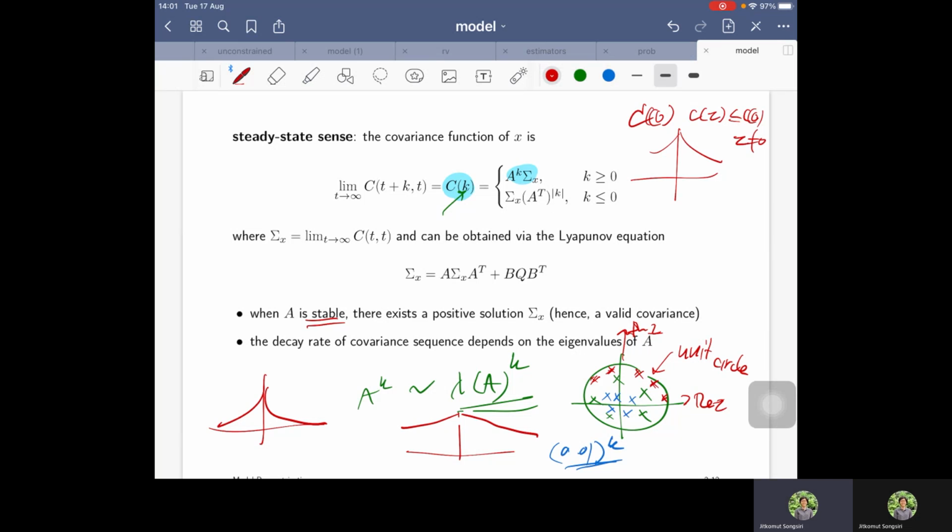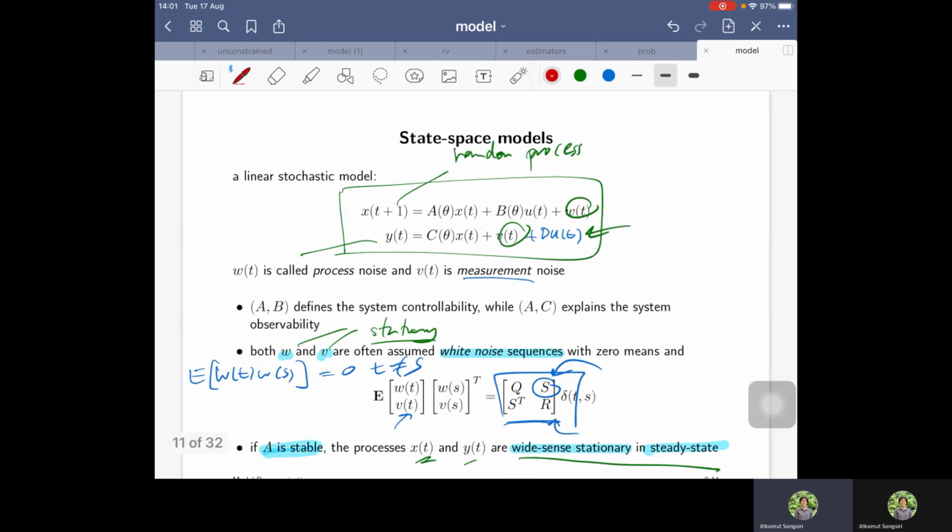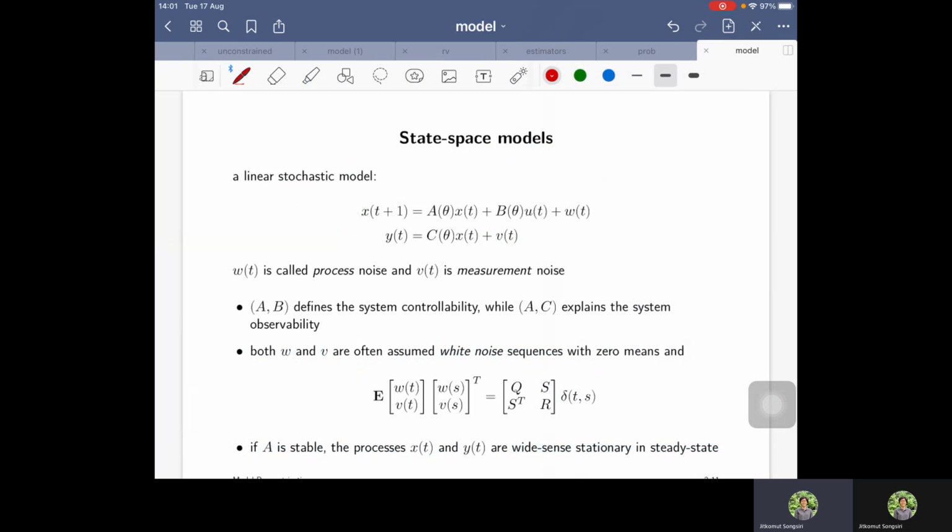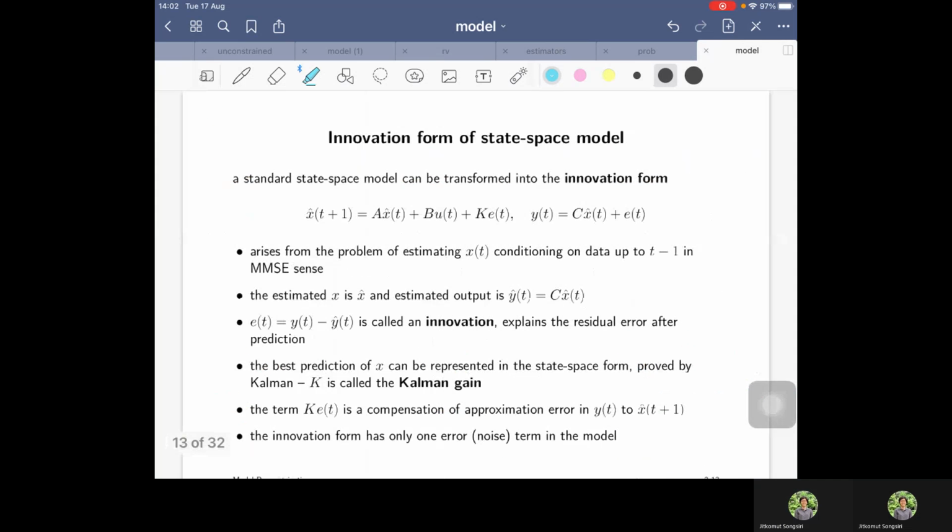All right. So this is a very nice result. So that means we will see very related results on how one can assess the stationary property of a time series model. So we can just connect to the concept of state space system.